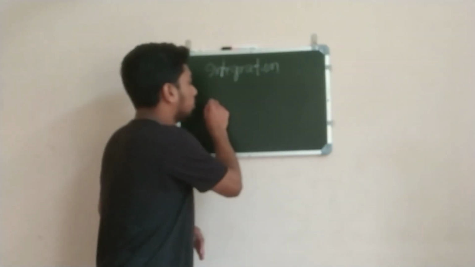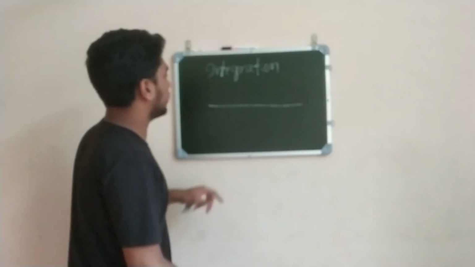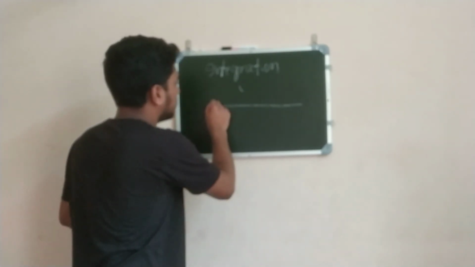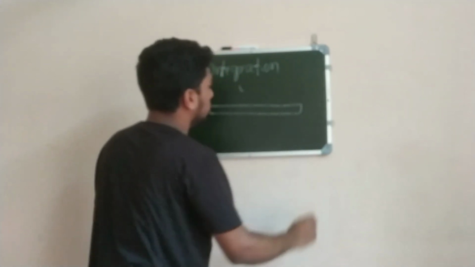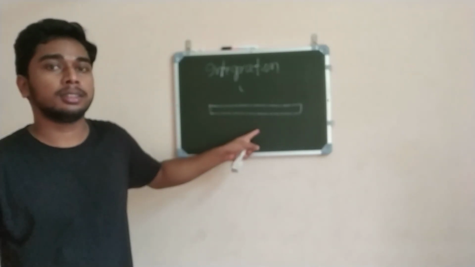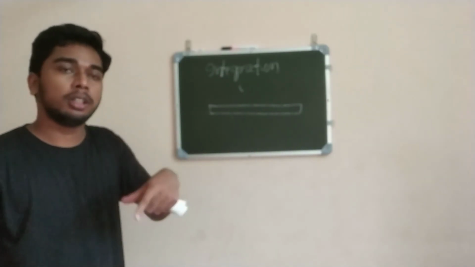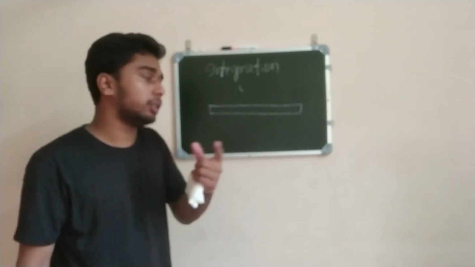In differentiation, we were usually separating things. For example, I have a road whose length is L. In differentiation, what do we actually do?